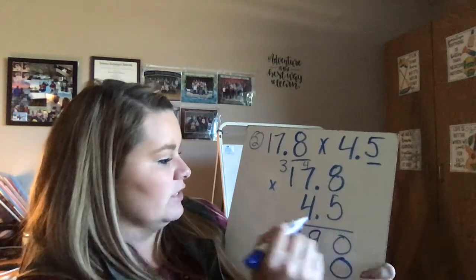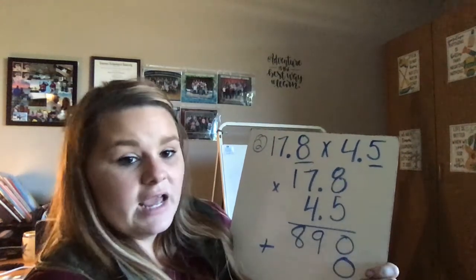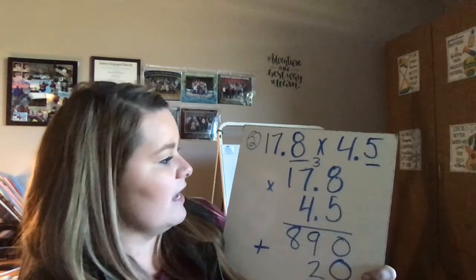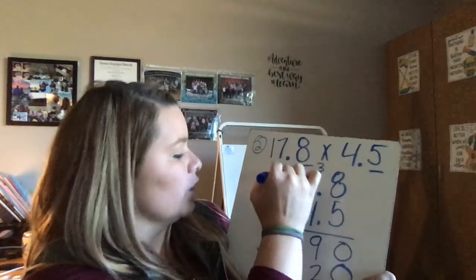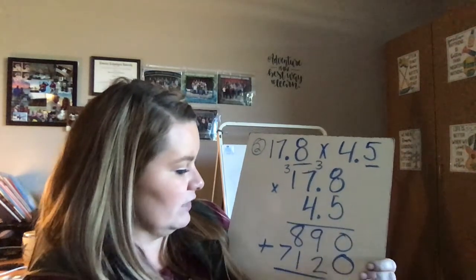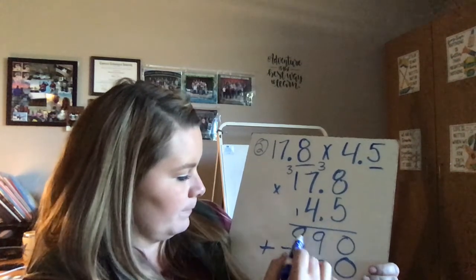And then we have to add our 0. 4 times 8 is 32. 4 times 7 is 28, plus 3 makes 31. 4 times 1 is 4, plus 3 makes 7. So we're going to add up these two partial products.